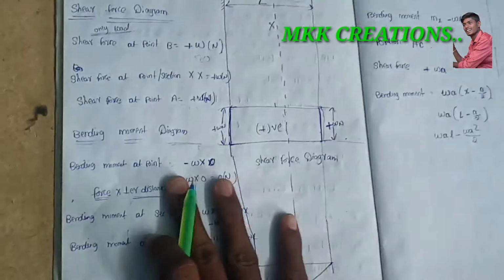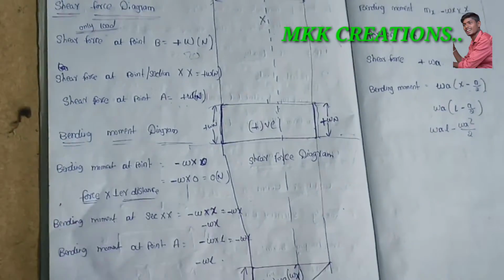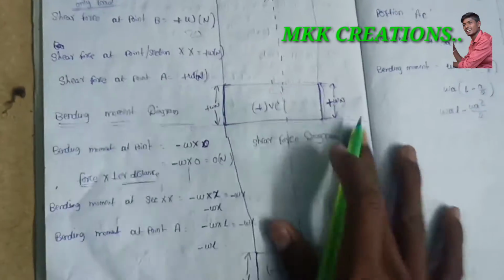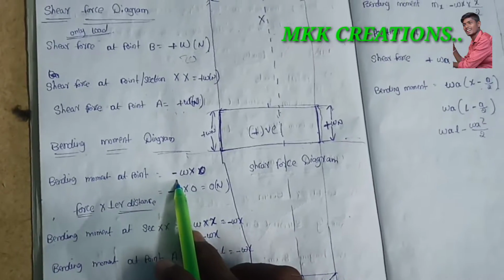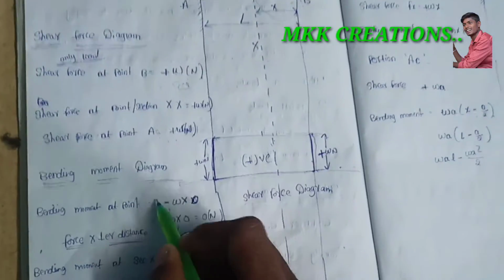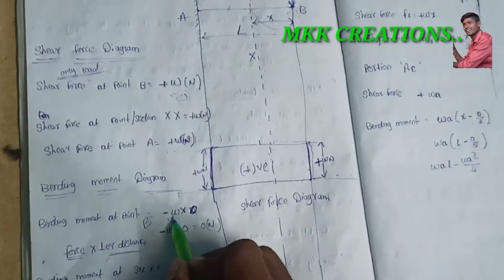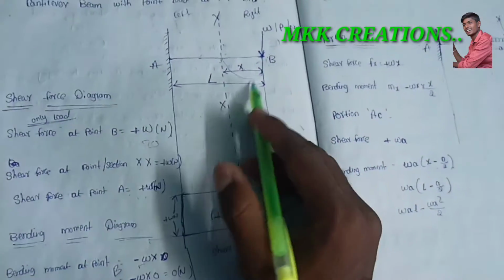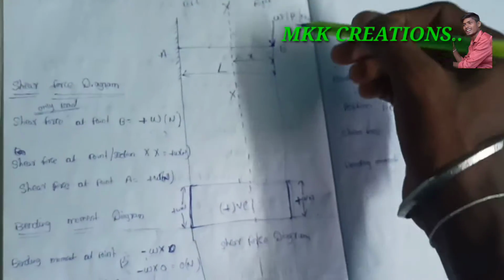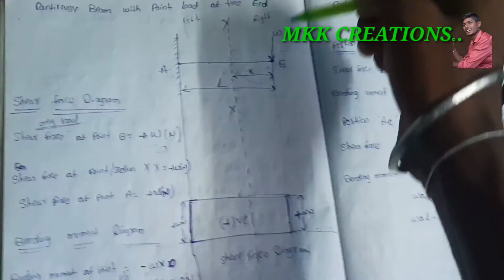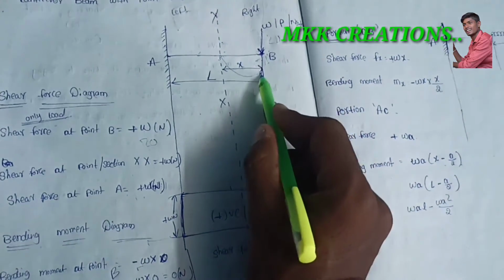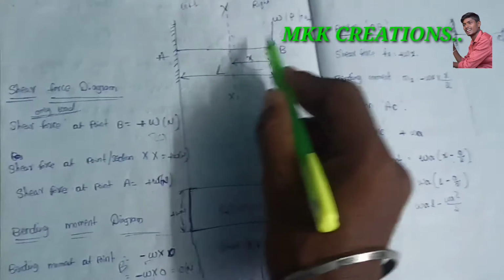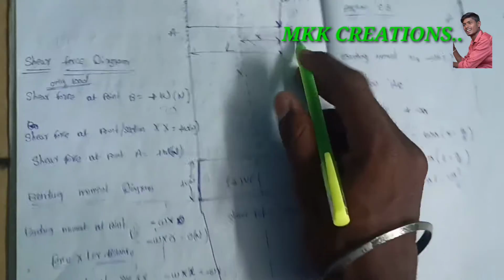Next, the bending moment diagram. Bending moment means force into distance. At point B we are indicating minus. We already studied that when it is in the clockwise direction, it is a negative sign.